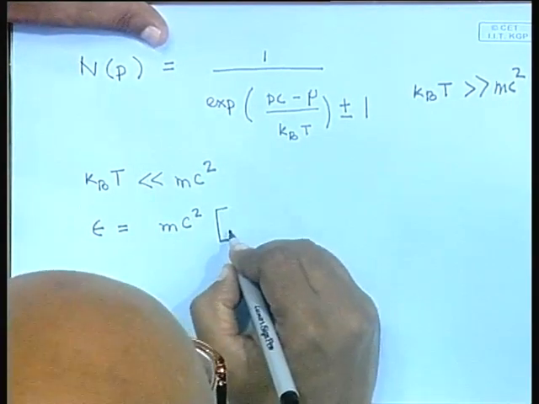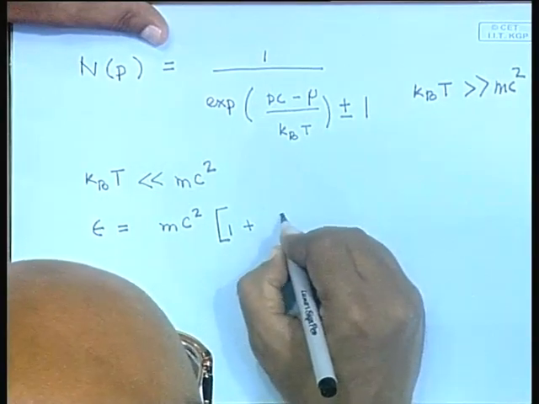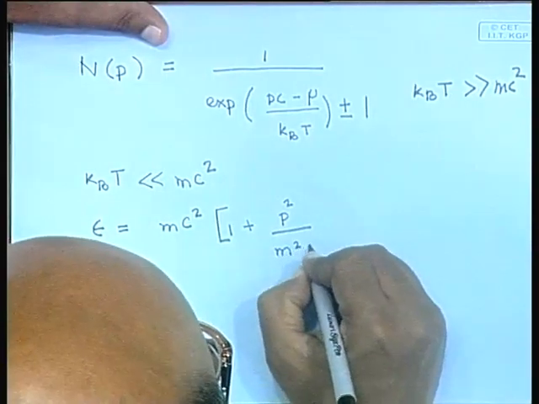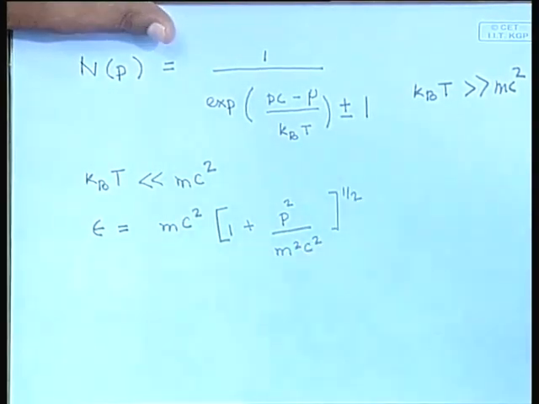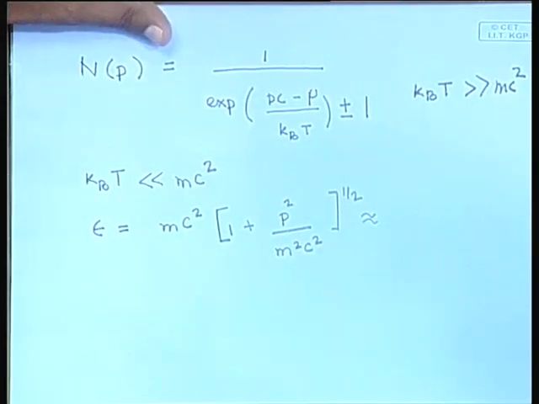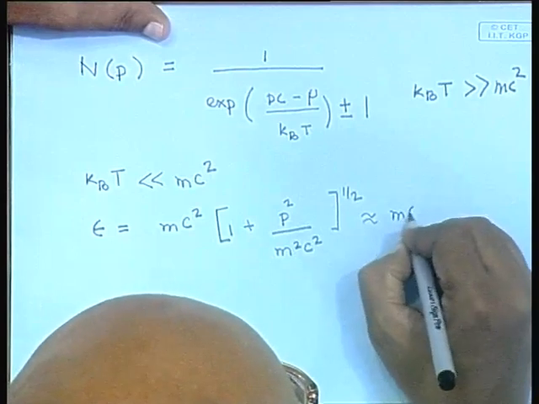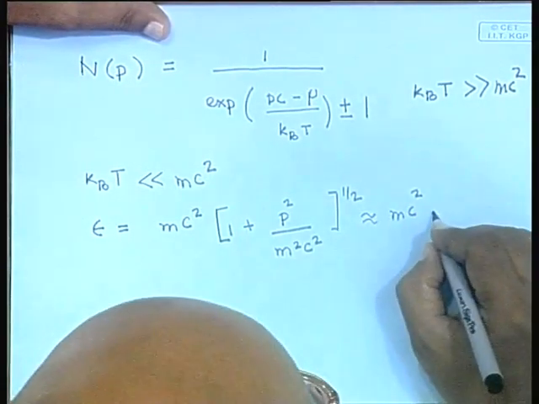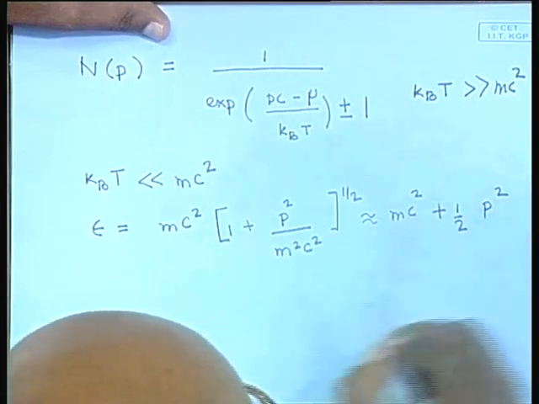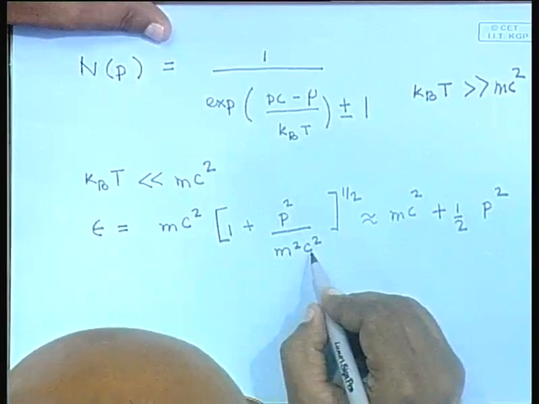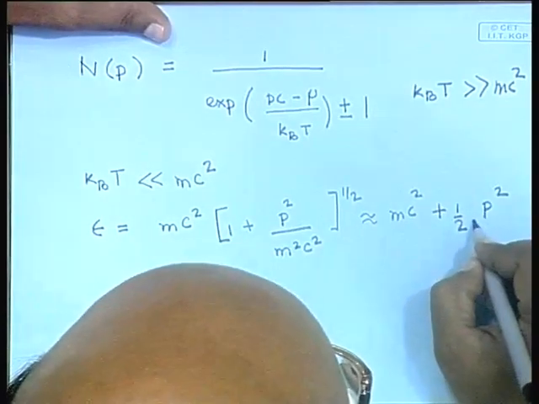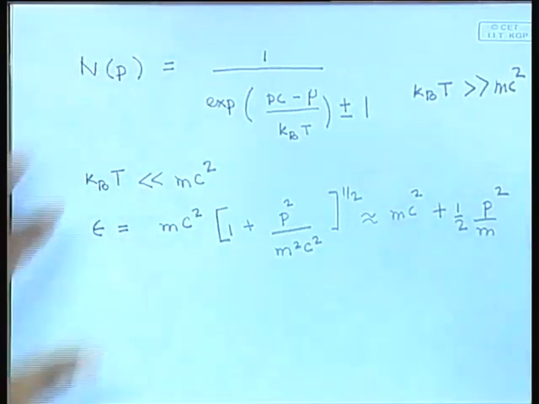We can write this as m c square into 1 plus p square by m square c square to the power half, which is approximately equal to, so we do a Taylor series in this, assuming that it is a small number, mc square plus the first term, which is going to be half p square by m square c square times m c square, so this gives p square by 2m, and there will be higher order terms which we can neglect in this limit.